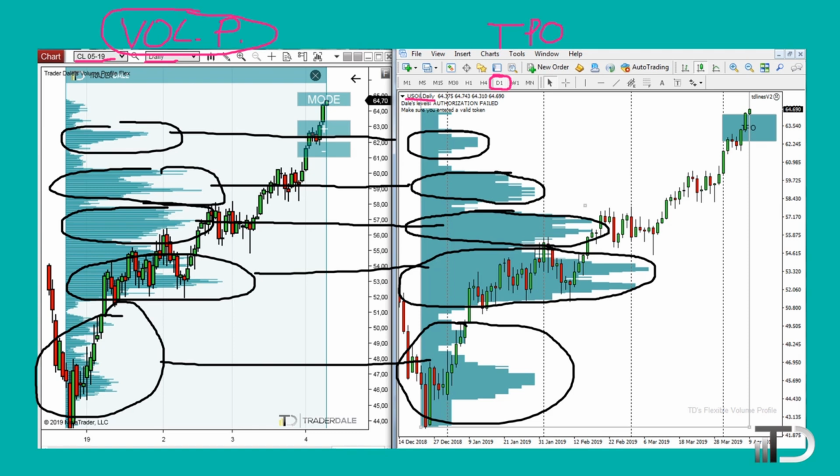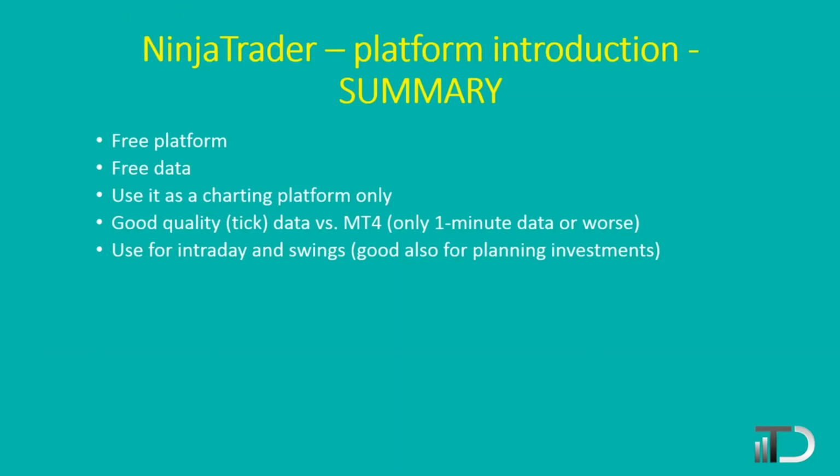Let me now do a very quick summary of this video and of the reasons why I prefer NinjaTrader over MetaTrader. NinjaTrader is a completely free platform with free data. I use it as a charting platform only. I trade with my own broker, but I use NinjaTrader for charting.